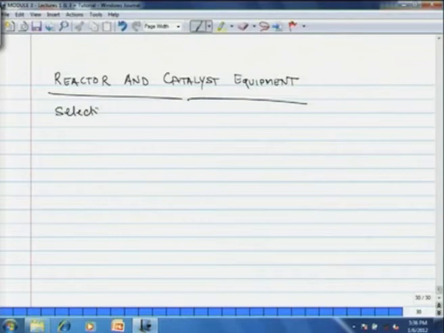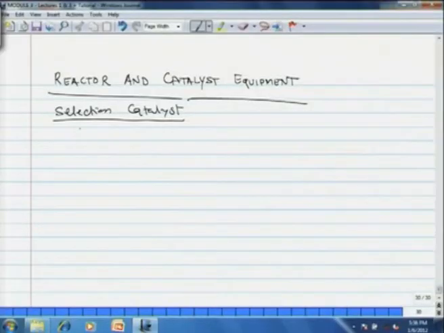One major factor is the reactant conversion achieved with the catalyst, and then the product distribution that the catalyst gives. At what conditions the reaction occurs is also an important factor. So, all these factors we list. Selection of catalyst is a crucial step in process design.